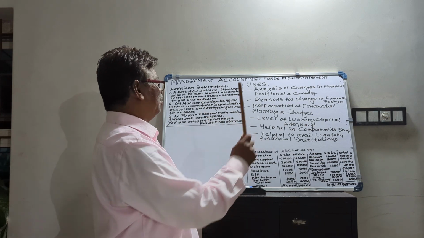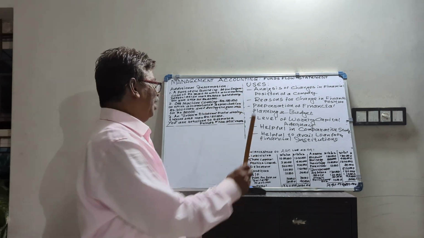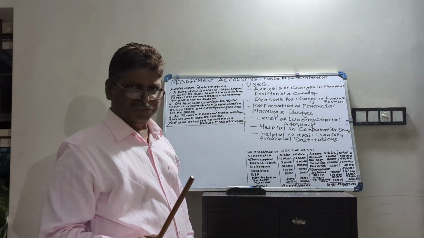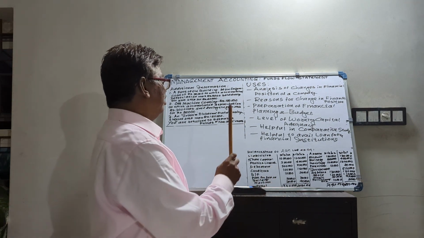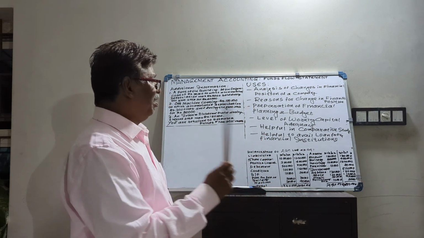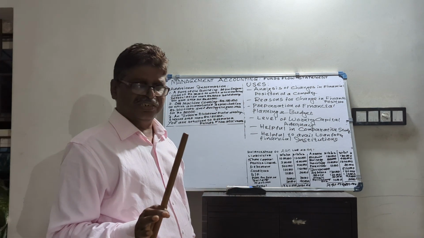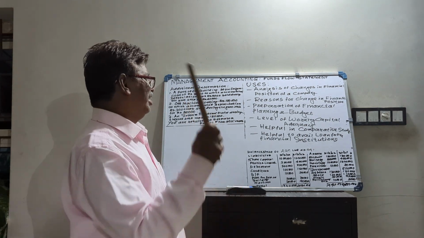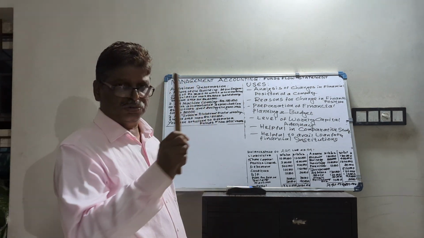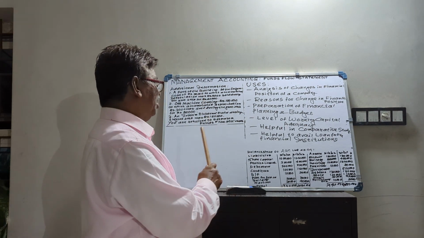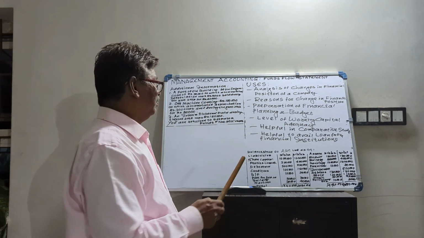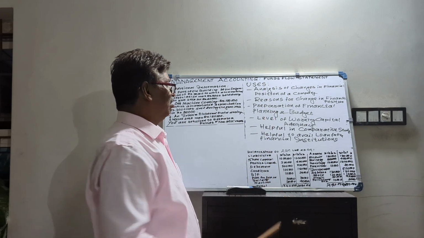Then from this funds flow statement, we can prepare financial planning and budget also. Then we can know the level of working capital adequacy, that means whether working capital is sufficient to meet the short-term obligations of the business. Then it is helpful for comparative study.